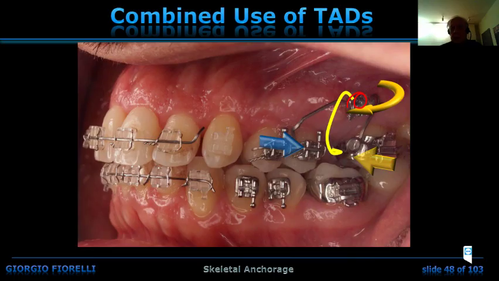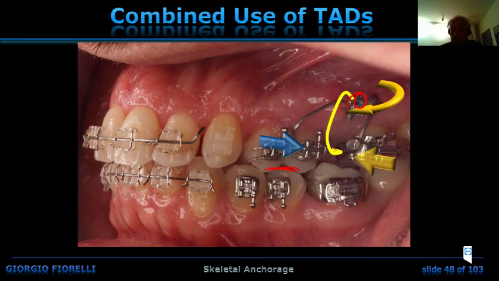What am I doing here? I'm using this cantilever here to correct a minimal tendency to crossbite. Actually, you shouldn't go very much out, but make it 1-2 millimeters the most, because otherwise they tip too much, and this TAD is bringing these teeth out, buccal.